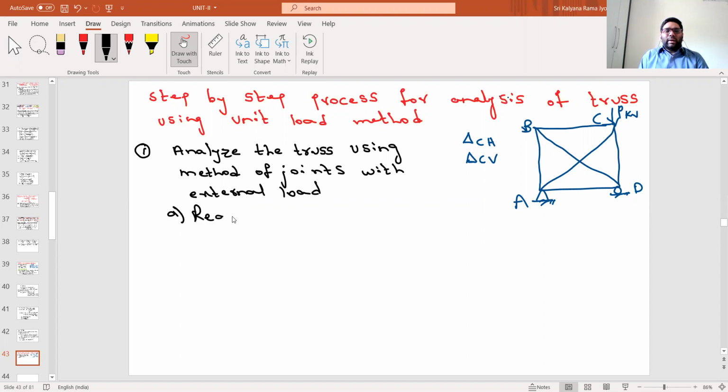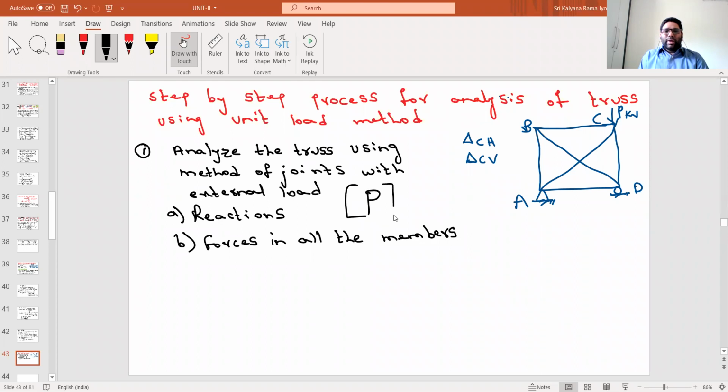First we will calculate reactions, and second, forces in all the members of the truss. This specific calculation will give us capital P. We have PKL by AE, right? So we have capital P from this step.